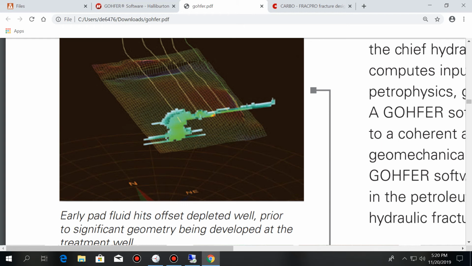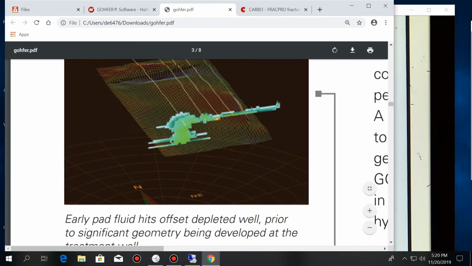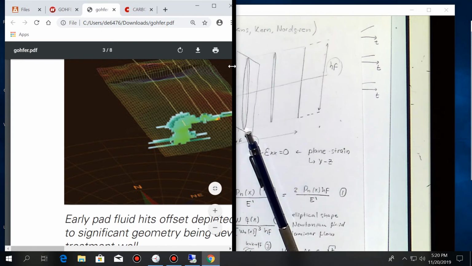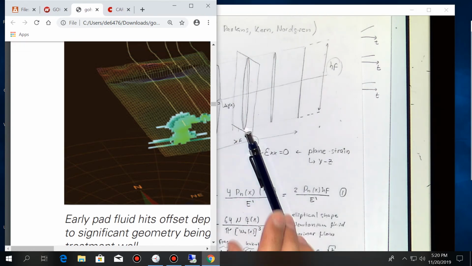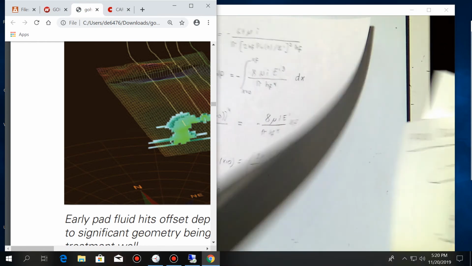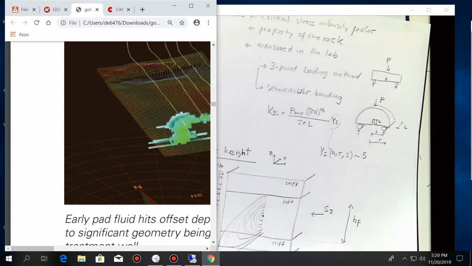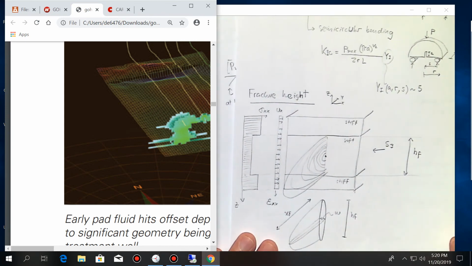Something that would probably be nice to tell now is that fracture height is also going to depend on your net pressure.